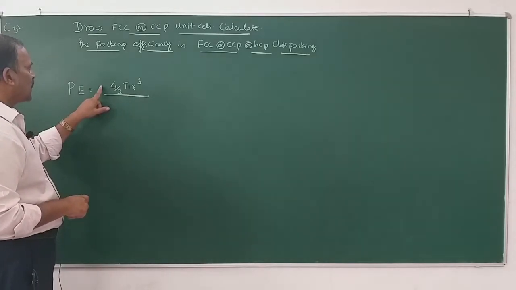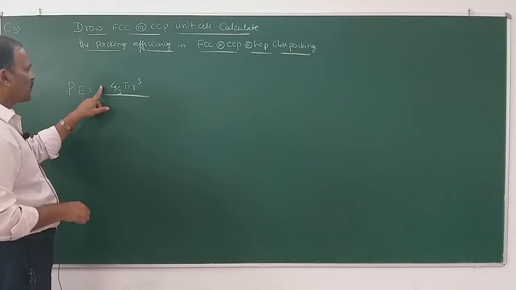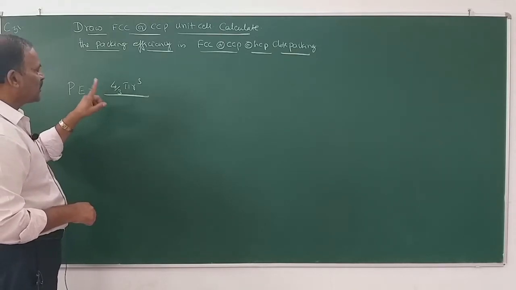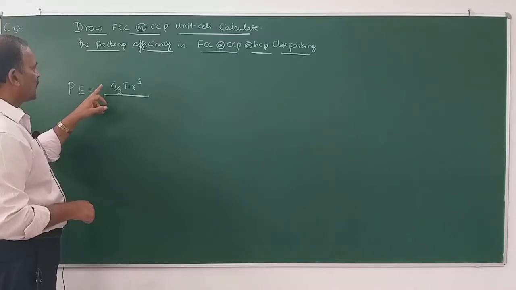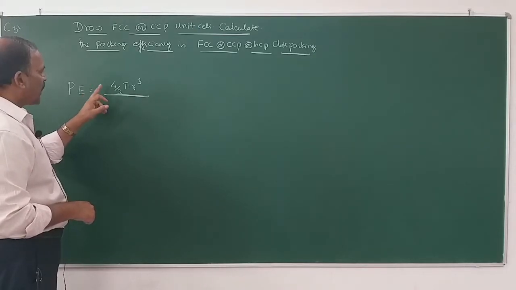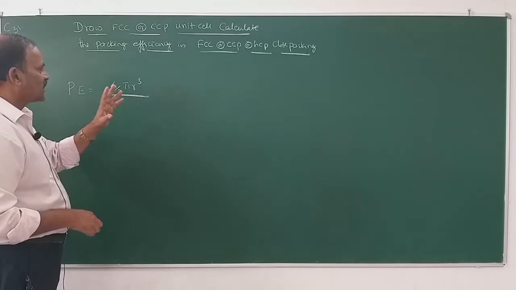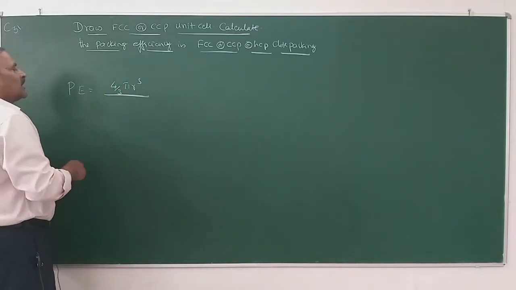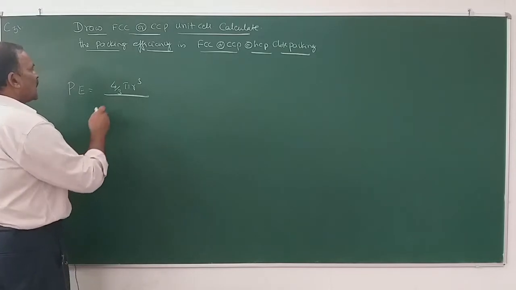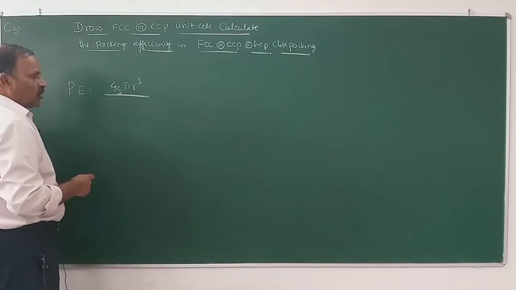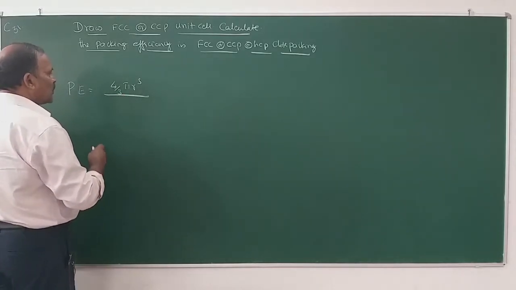Why have I taken one particle? In a simple cubic unit cell, the number of particles per unit cell is 1. Therefore, the volume occupied by one particle is 4 by 3 pi r cube, because the particle is considered as a sphere, and then divided by the total volume of the unit cell.